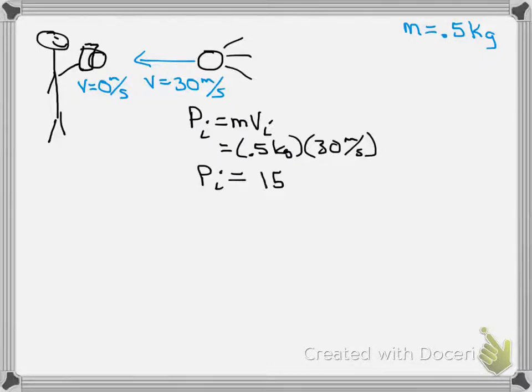Well, if the ball weighs half a kilogram, then the initial momentum of the ball is negative 15 kilogram meters per second because it's pointed in the negative direction. And the final momentum of the ball is just 0.